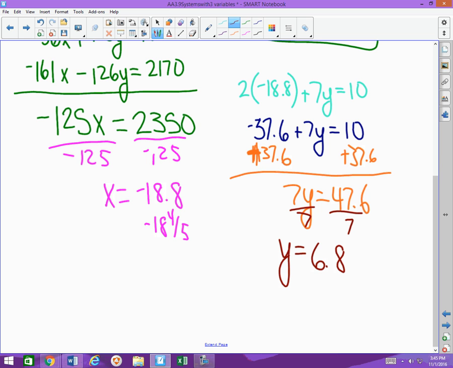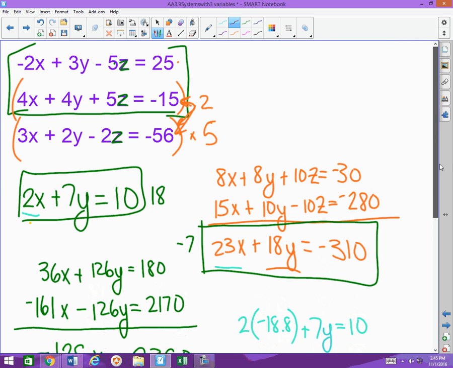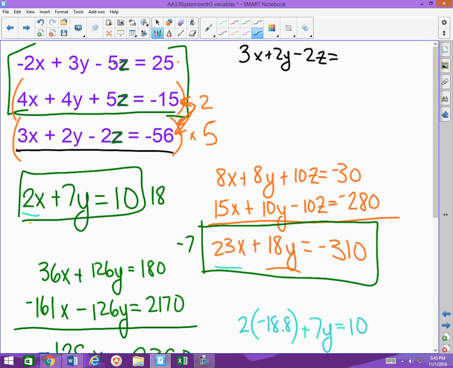So now we know what x is. It's -18.8. Y is 6.8. And we can go back up to one of the original problems to solve for z. We're going to take the bottom one. 3x plus 2y minus 2z equals a -56.